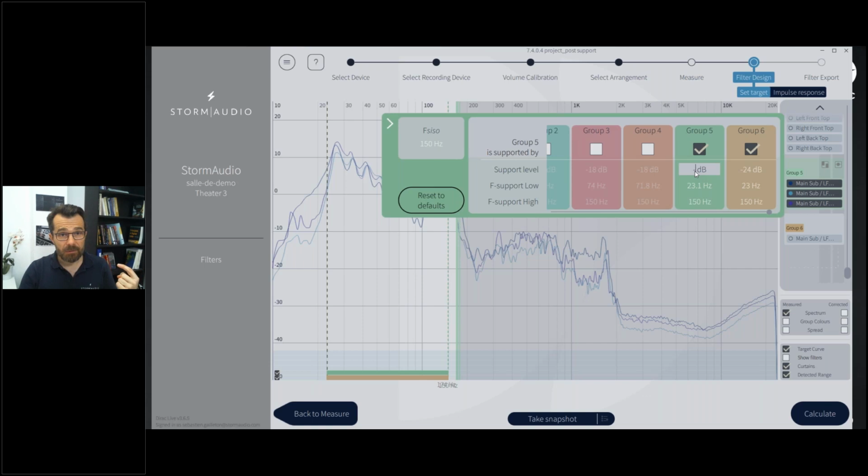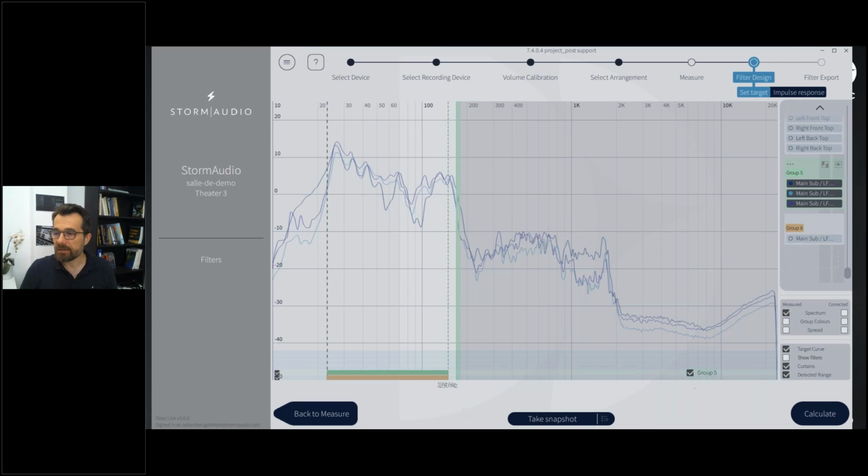You can decide how you make it. You can go as low as -6, which means that you really shift the energy to the front wall, and you can try with that. Whenever you're happy, you can again calculate and export your filters.